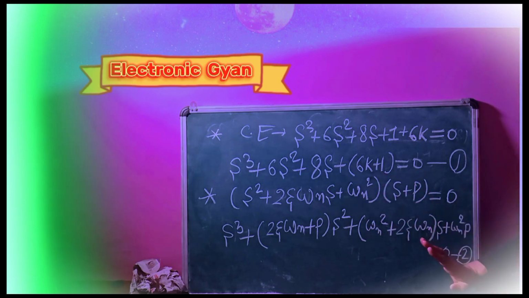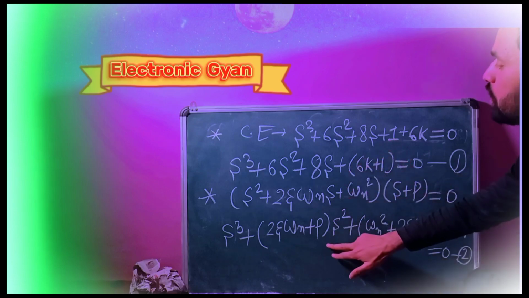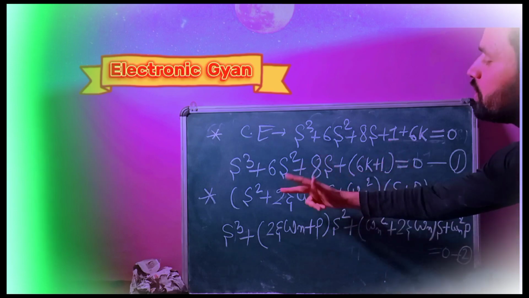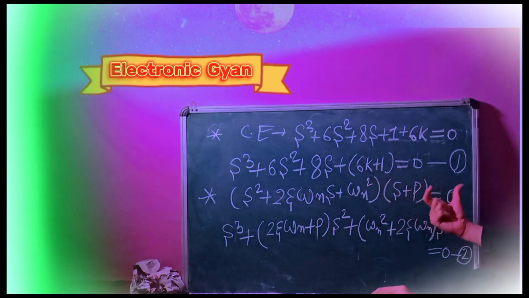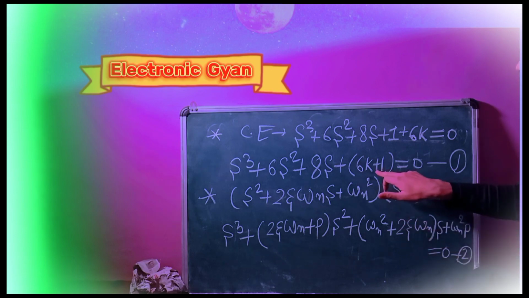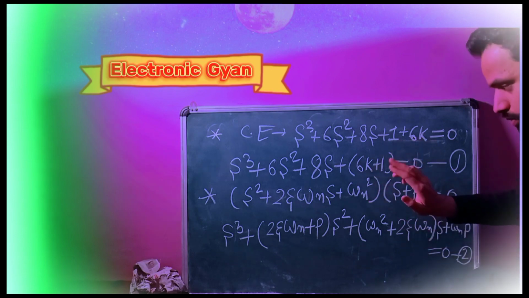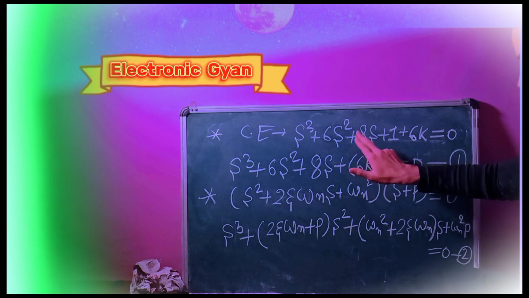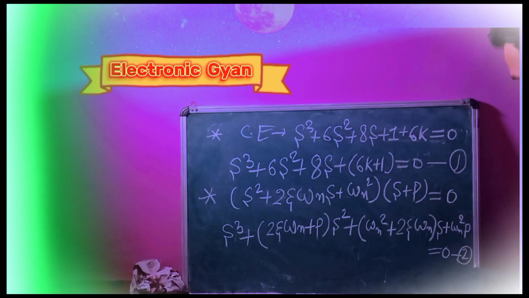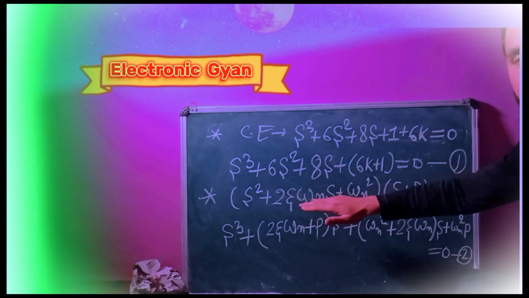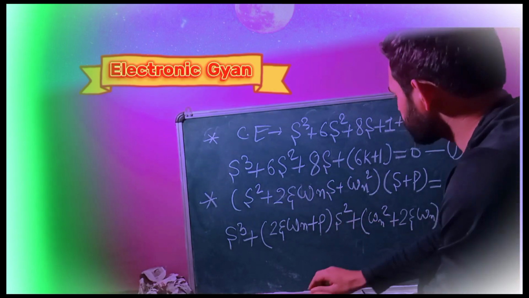Now we will be able to compare these two equations, by which we will get the value of K, which is the gain of the third order system. Now we can easily compare these two equations.